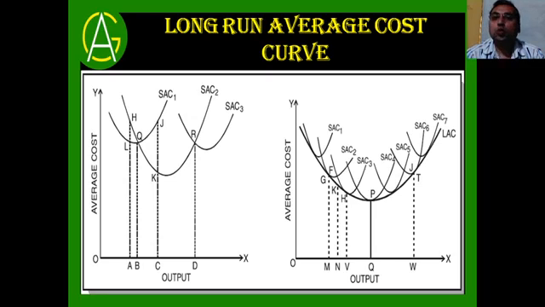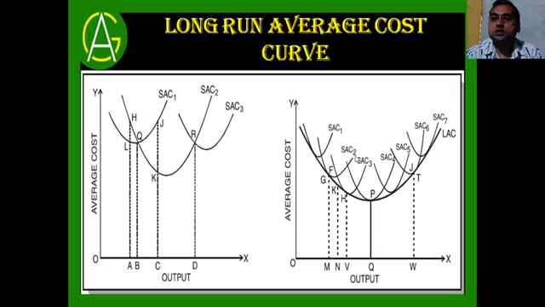If you say that 1 month is long run, it is the total of 4 short runs. If you say that 1 week is long run, it is again the total of 7 short runs. So the conclusion is long run cost is the total of short run cost curves.